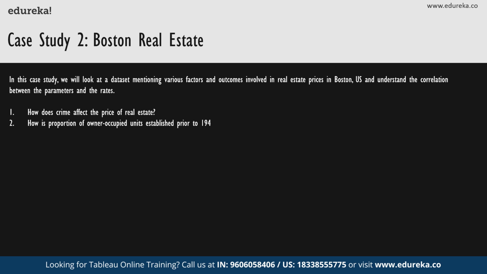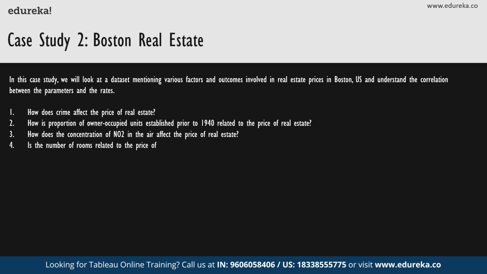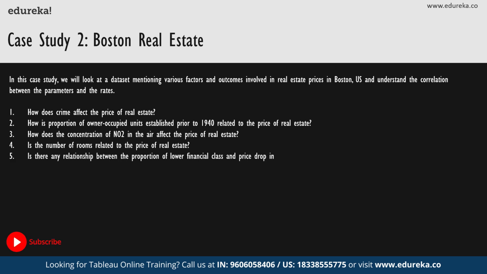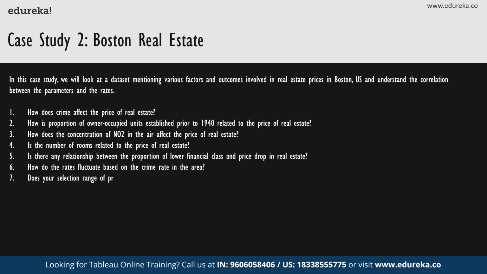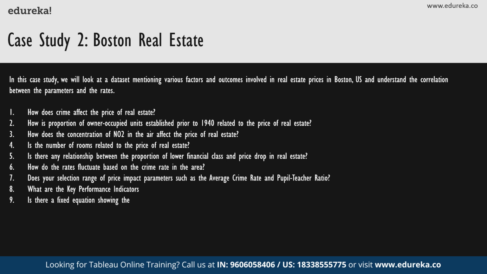Through this exercise, we will try to find out how crime affects the price of real estate, how the age of the building or the proportion of owner occupied buildings affects the price of the estate, how the number of rooms is related with the price of the flat you take, and how these rates vary in time.